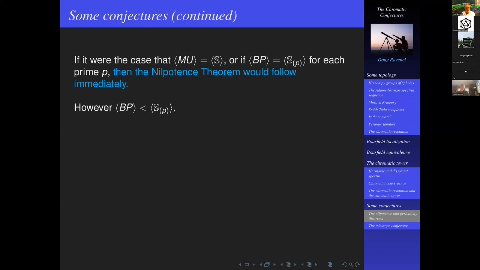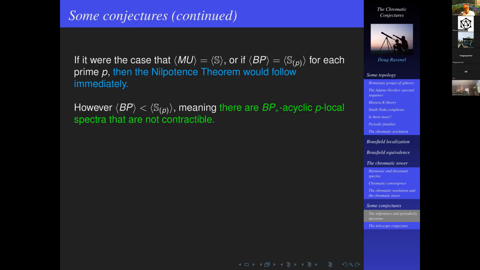There's a strict inequality between the Bousfield class of BP and that of the p-local sphere spectrum. Similarly, the Bousfield class of MU is strictly smaller than the Bousfield class of the sphere.